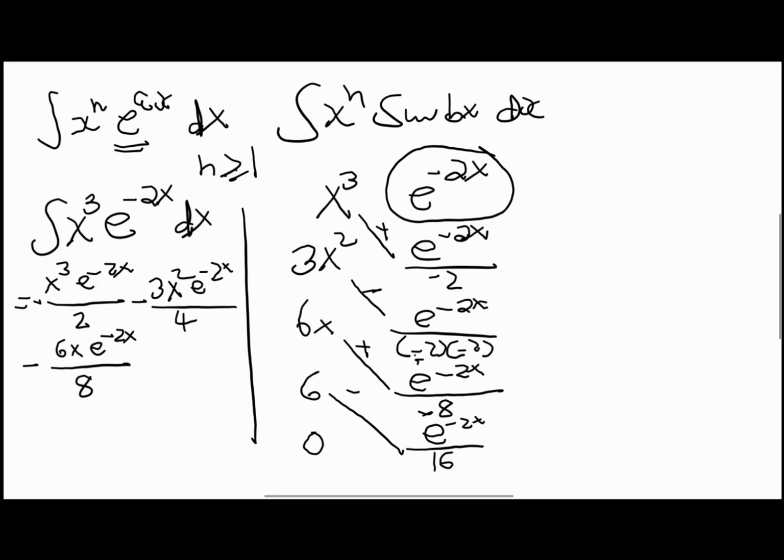And then eventually you have again plus here and a minus here, so that will also be a minus. Okay, so you get what? You get 6 times e to the negative 2x over 16 and then plus a constant. I'm not reducing all this, but that's how you would do this via this shortcut. So let me know if you have any questions on this.